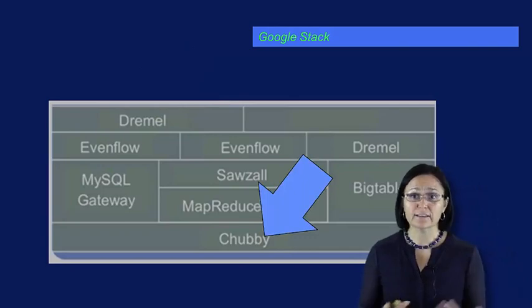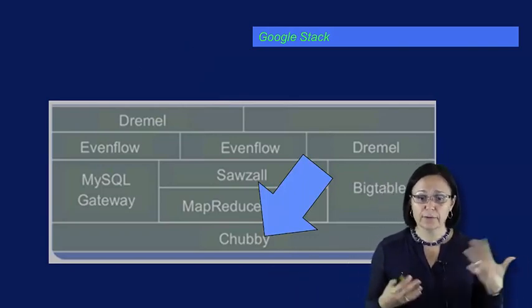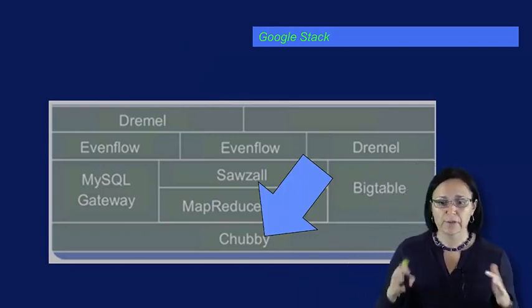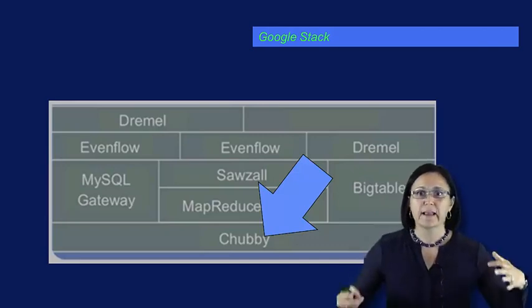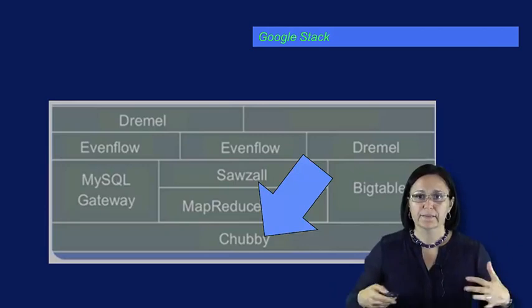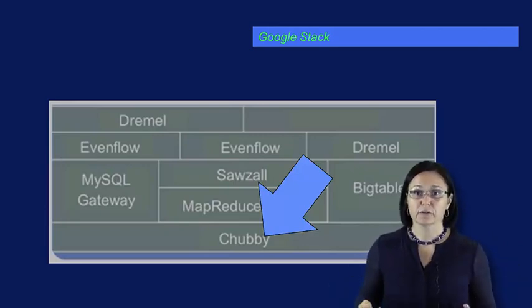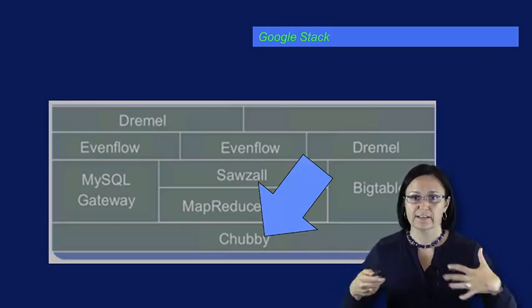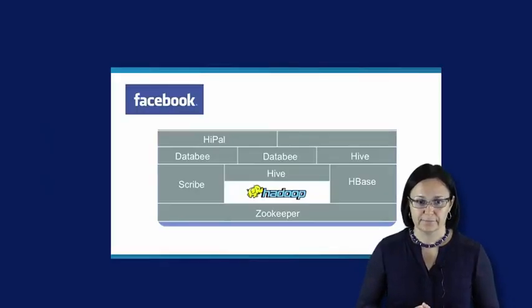And then, of course, you needed something to coordinate all of this. So Chubby came along as a coordination system that would manage all of the products in this one ecosystem that could then process all of these large amounts of unstructured data seamlessly.